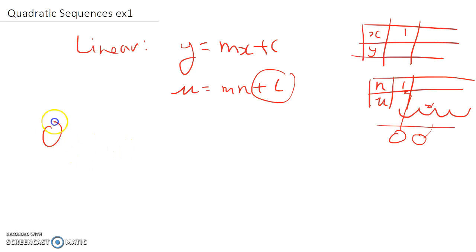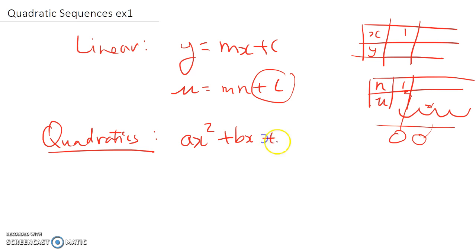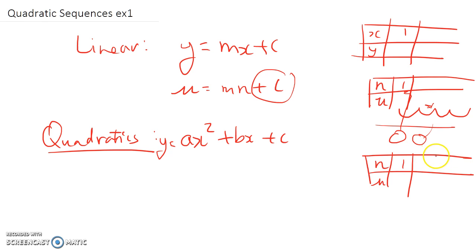So the next thing we have to recognize is that when we have quadratics, we represent them in the general form ax squared plus bx plus c, or y equals. And you can probably guess we're going to come up with another table where we have values for u and values for n, and we're asked to find the first differences or the second differences.